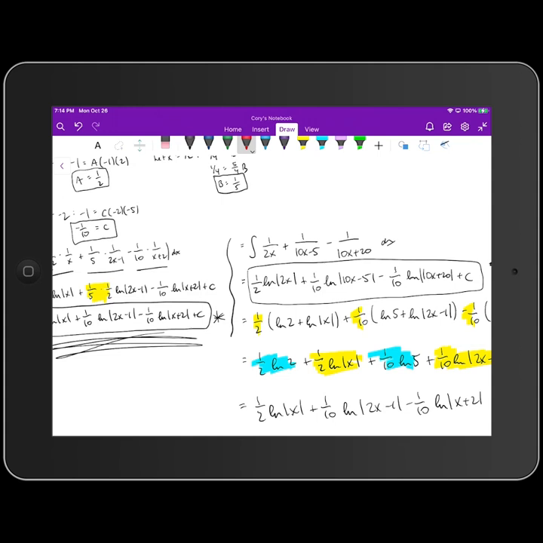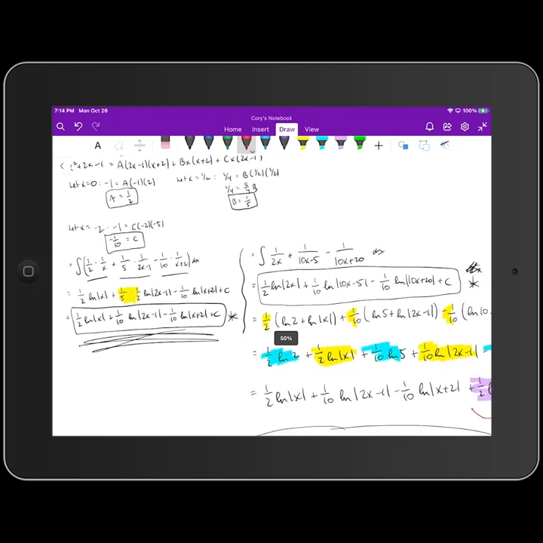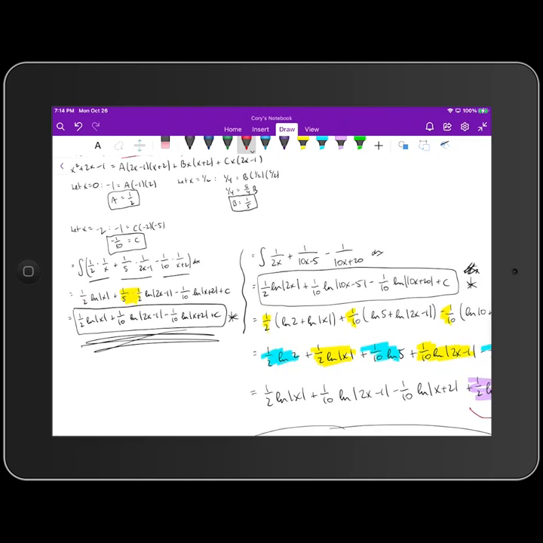The integral of the middle function is going to be the natural log of the absolute value of 10x minus 5, and again we would divide that by 10 or multiply by 1/10. And then minus the natural log of the absolute value of 10x plus 20. Again, we would divide that by 10 or multiply by 1/10, and then add the constant c at the end. And when we look at those two antiderivatives, they look completely different.